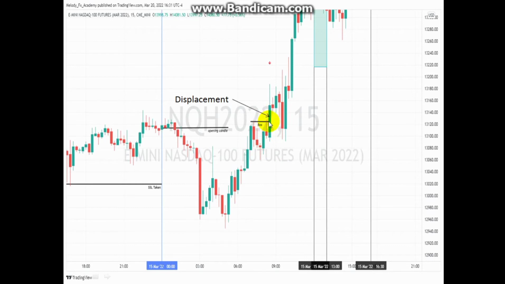But in this case, this is the first swing low prior to the 8:30 a.m. opening, and there was no attack on the sell side liquidity, so we scrap that.